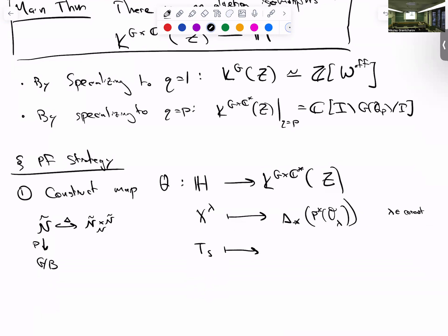So G mod B has a decomposition by Bruhat cells again, like the B-equivariant orbits.